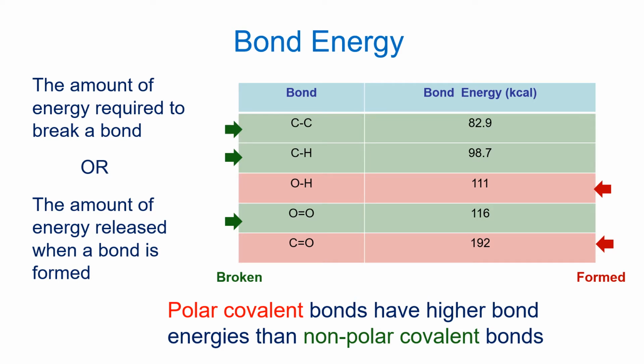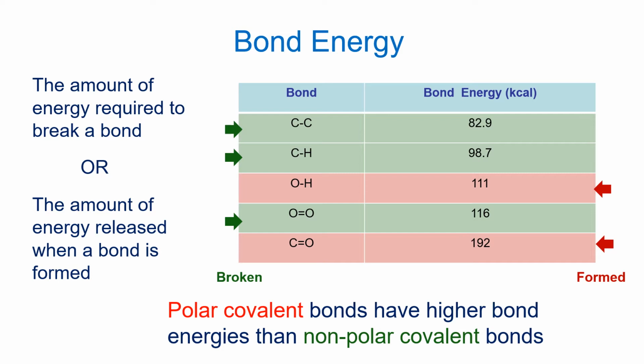What I've shown in red here represents the polar covalent bonds. So we've talked about oxygen to hydrogen already, and you can see that it has a rather high bond energy of 111 kilocalories per mole. And at the bottom there, you can see that a carbon to oxygen double bond has a very high bond energy of 192 kilocalories per mole.